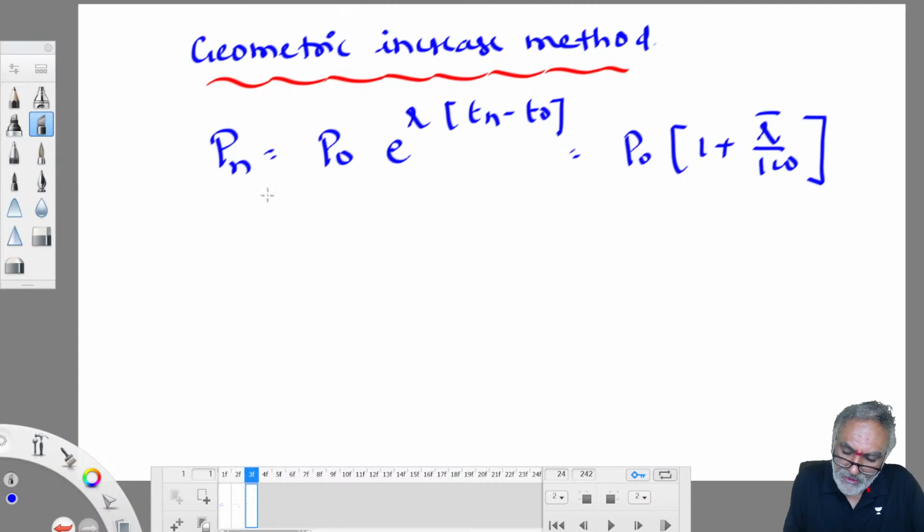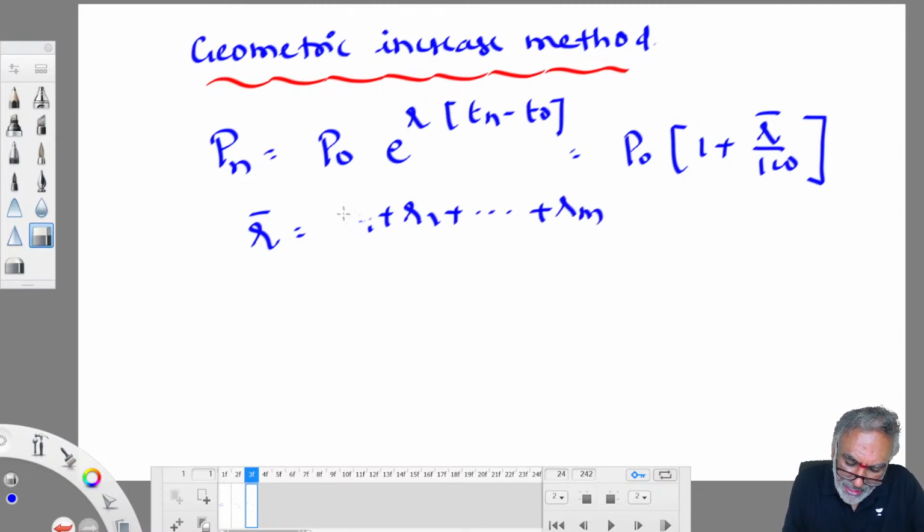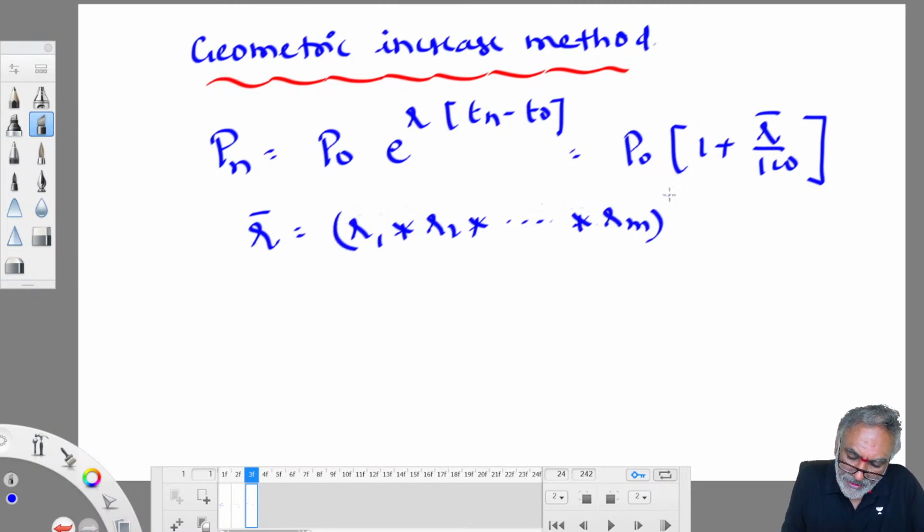If R is given, well and good. If not given, we take R bar equal to the geometric average of R1, R2, ..., Rm, not the arithmetic average. That is how people go wrong. So R bar is equal to (R1 * R2 * ... * Rm) whole power 1 by m.